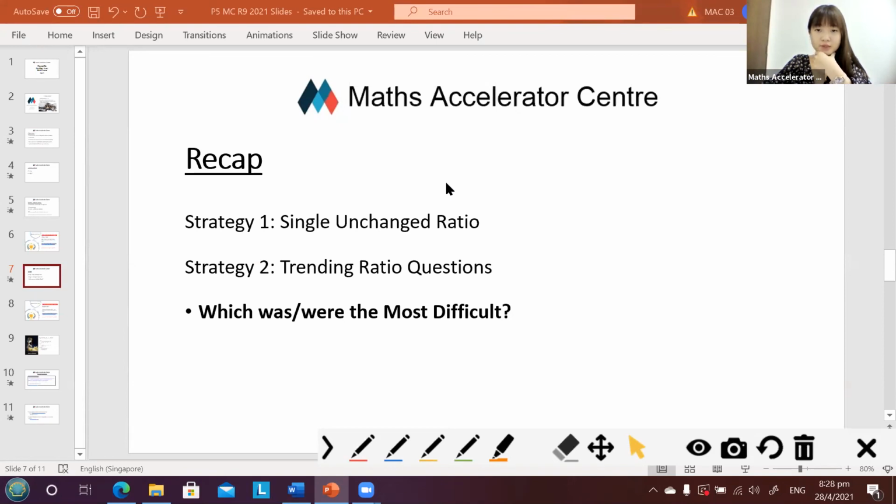Some say not difficult. Strategy 1, yeah. If you're new to it, definitely it will be a little bit more difficult for you. If you are still weak in it, you go and cover the answers and try again.